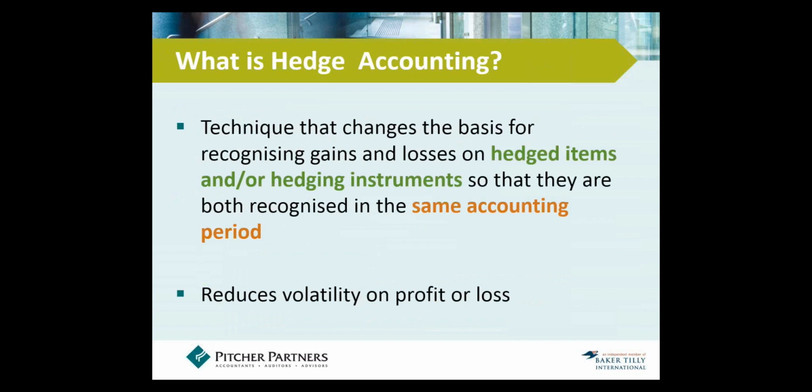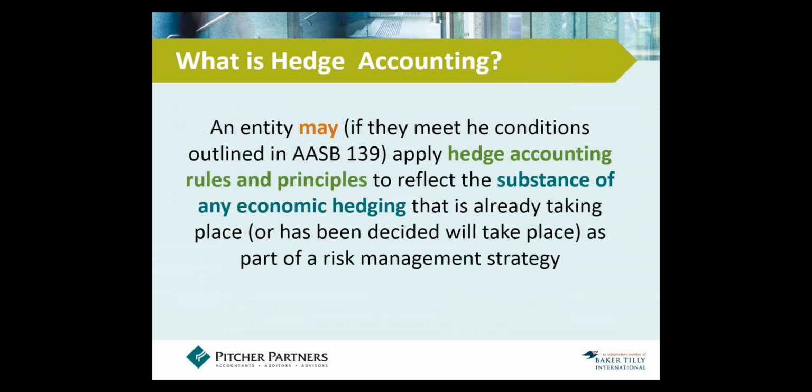So hedge accounting is when you comply with the requirements of AASB 139, you get certain relief on how you recognize changes, gains and losses on hedged items and hedging instruments, and you get to matching. And we're trying to get to a nice smooth profit and loss.